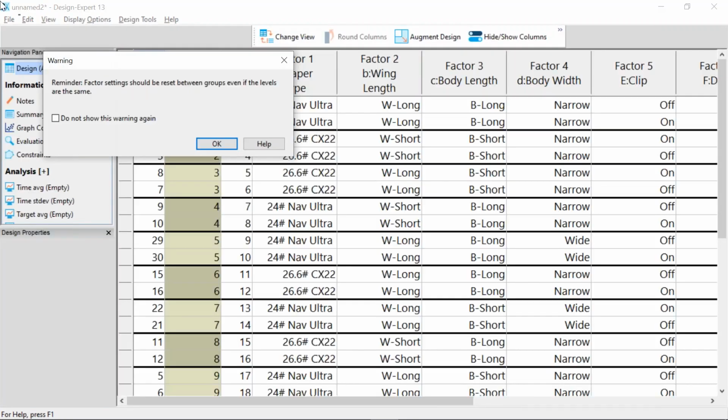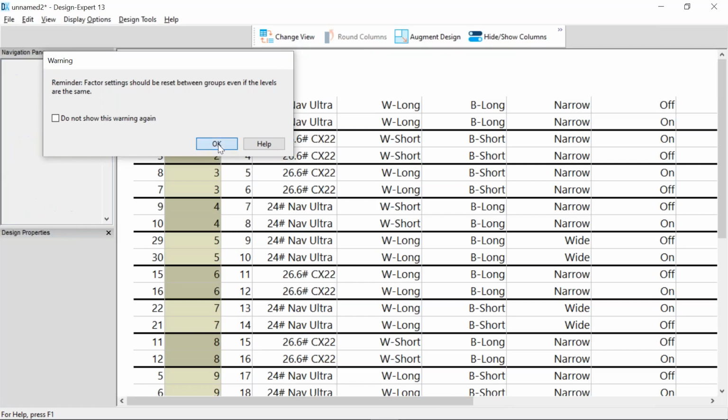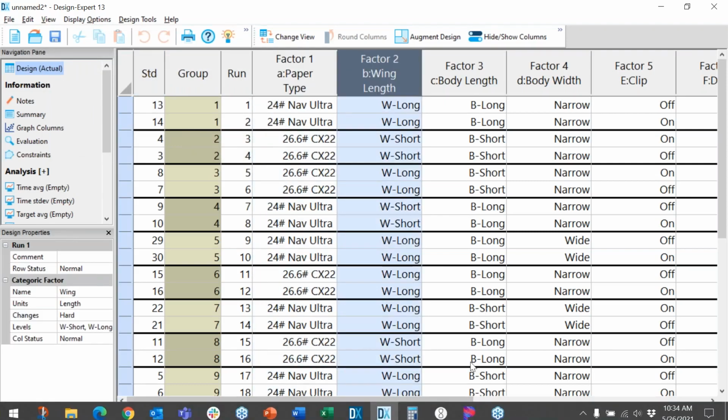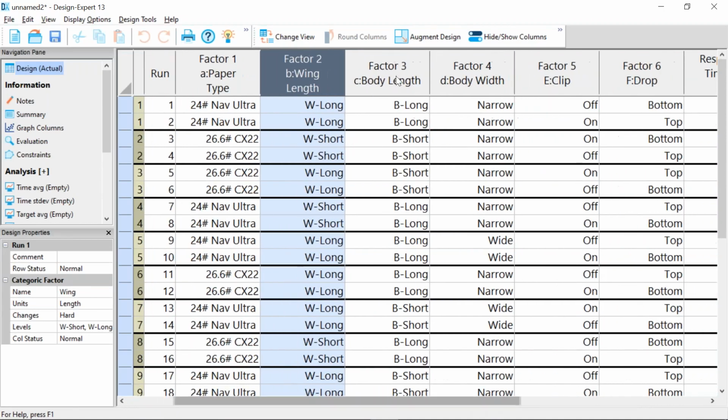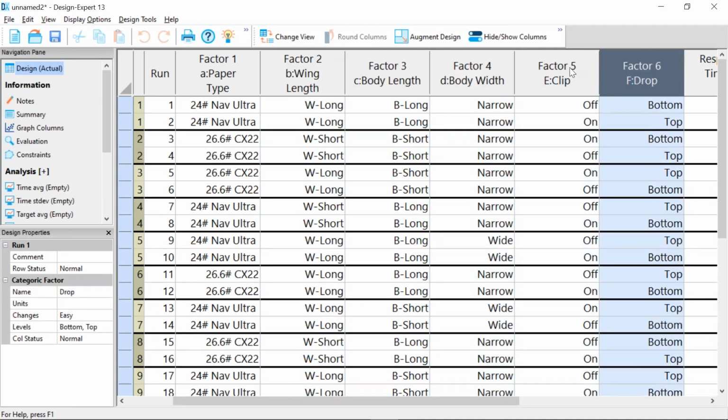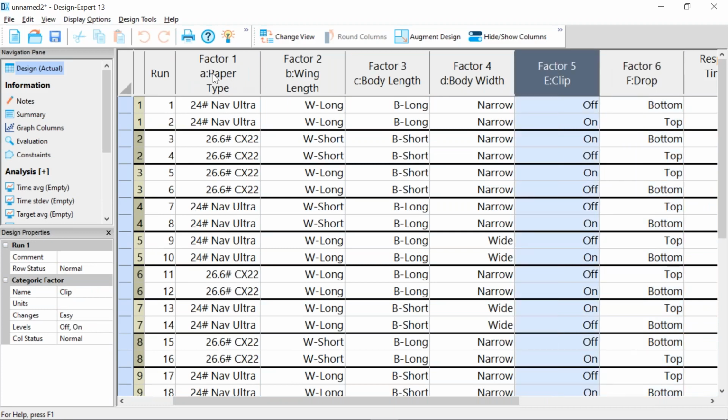And there's some issues when you group like this that I kind of skipped over, but it does turn out that you do lose some power on the main effects of the hard to change factors. You do lose some power on that, but on the other hand, you gain power on the easy to change, and you also gain power on the interactions of the hard to change and the easy to change.